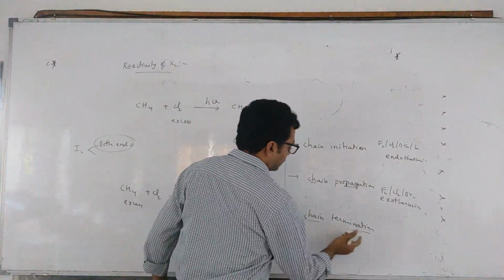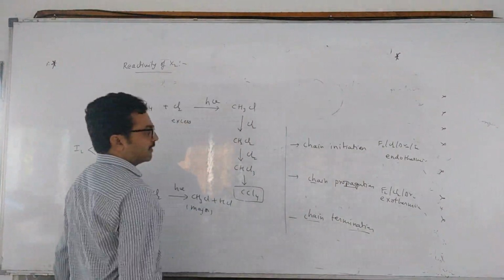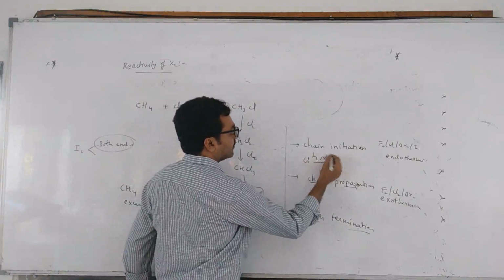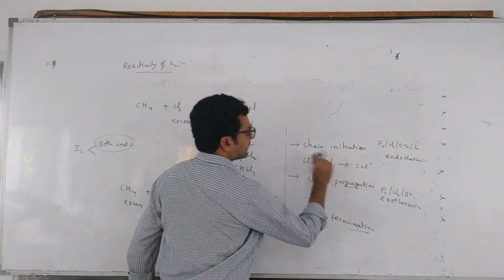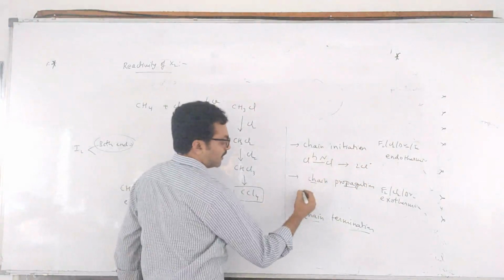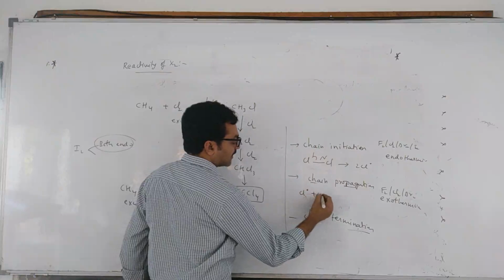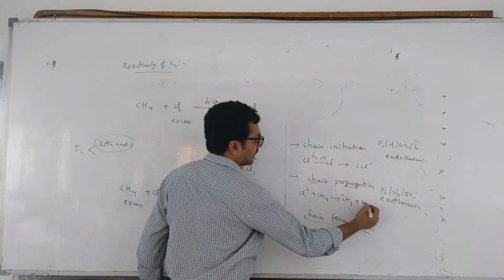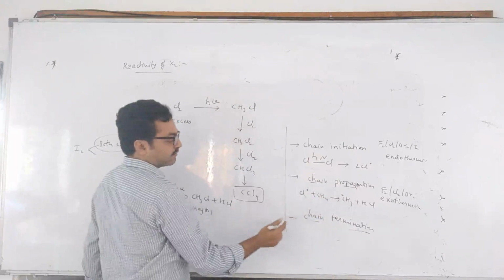Now chain termination, what will happen? One example I will tell you. Simply Cl2, we will get 2 Cl radicals. That is the initiation step. Now this Cl radical will react with methane to form methyl radical plus HCl. Methyl radical is formed.